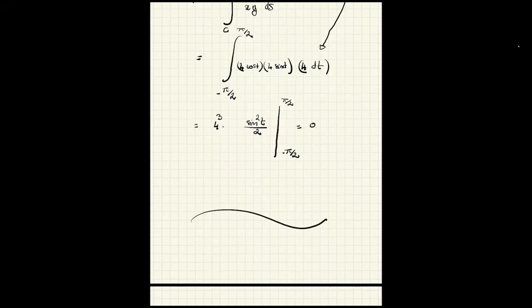You take a function of two variables, and at each tiny part of the curve, we took this ds, we multiplied by the value of the function, and we did this for all of these, right? And then we took the limit, and then it gave us the integral.